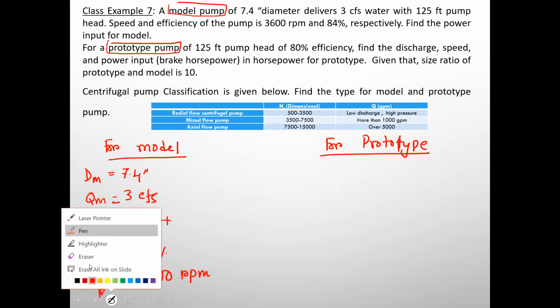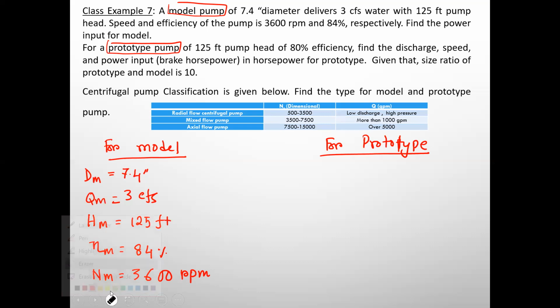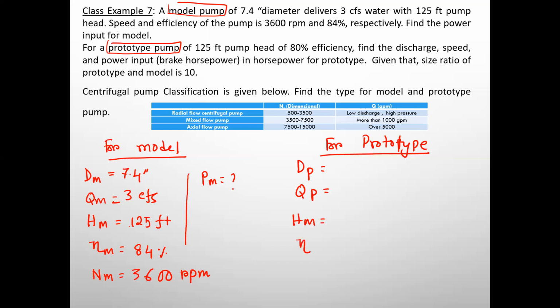And for prototype, I will just write down the parameters first, and then I will use the same sequence here.